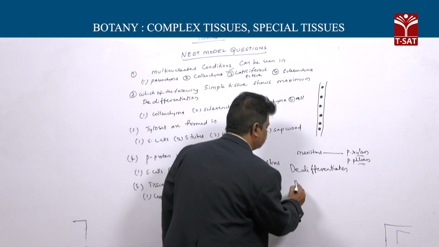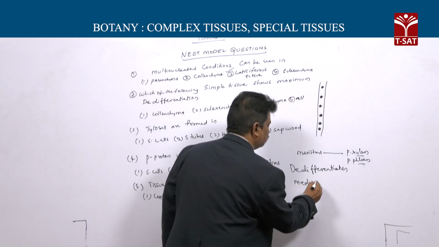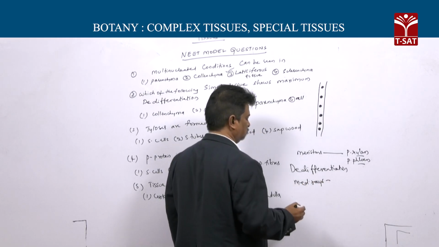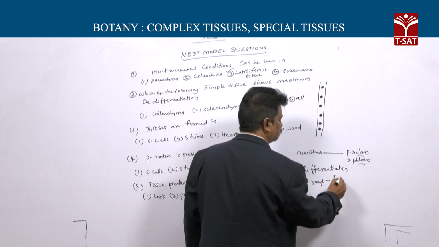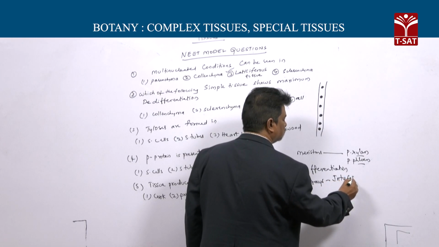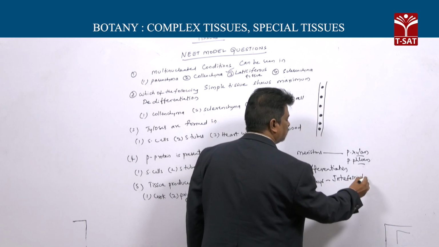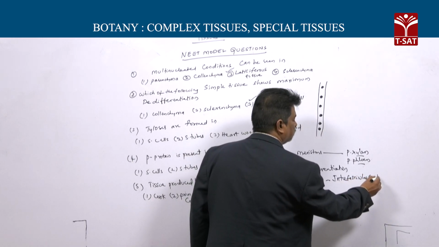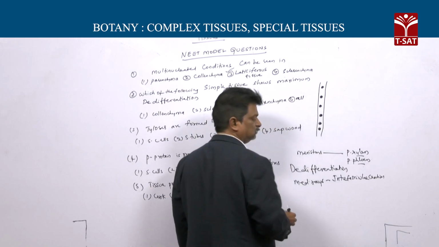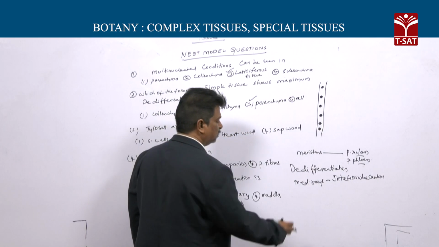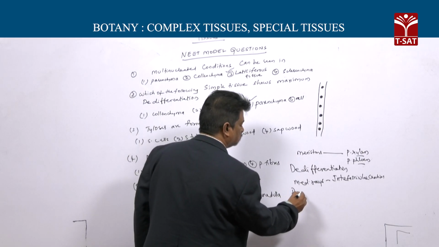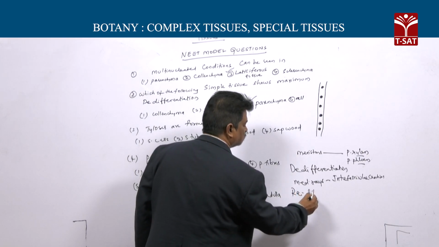Best example for dedifferentiation, medullary rays. These medullary rays, by dedifferentiation, produce interfascicular cambium. Then another type, redifferentiation.